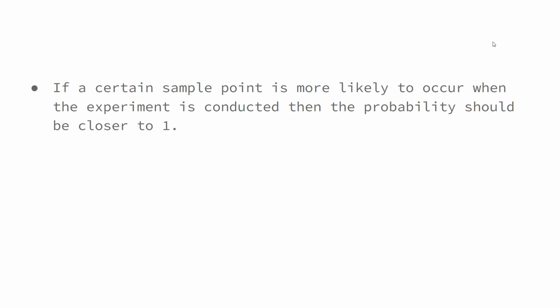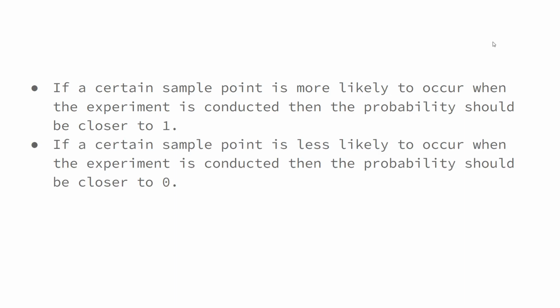In other words, the more likely the event is to occur, the higher its probability. And if a certain sample point is less likely to occur when the experiment is conducted, then the probability should be closer to 0. Let's note this down.